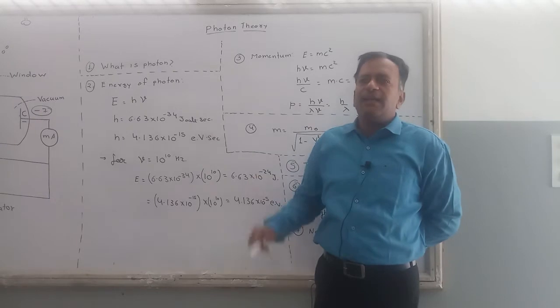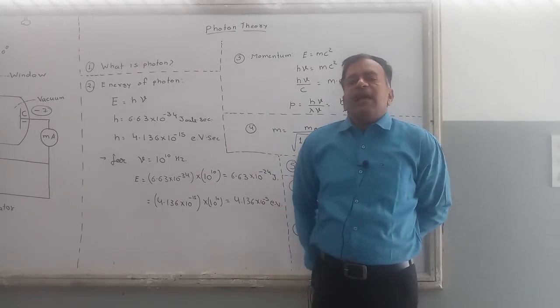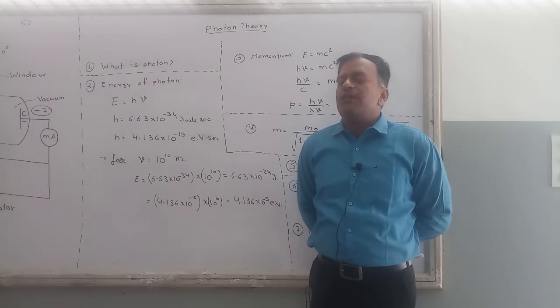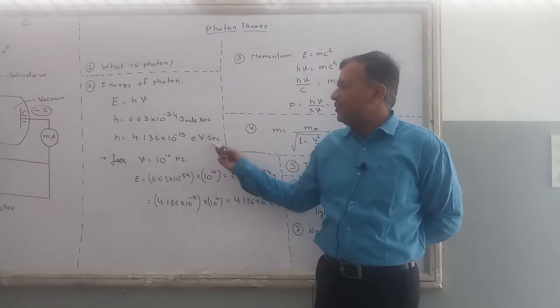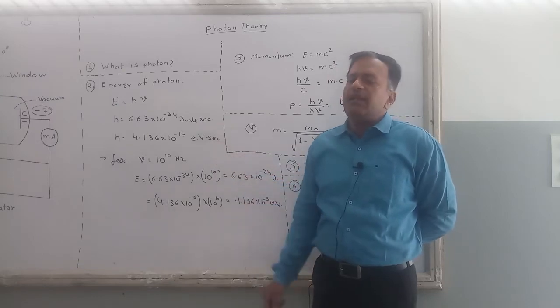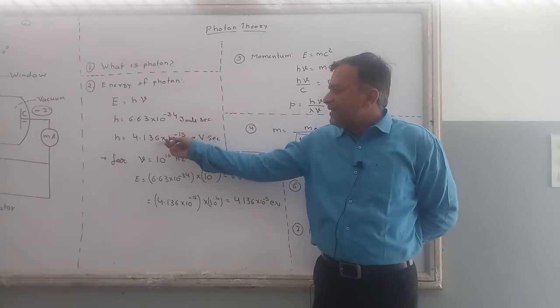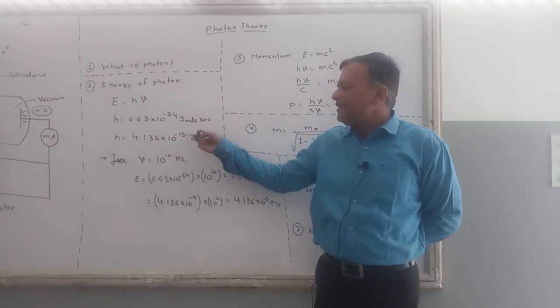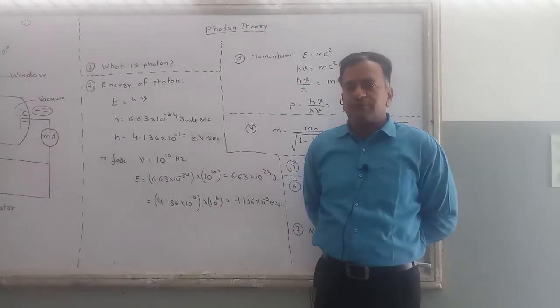And if you want the energy in electron volt, because mostly when we deal with atomic and subatomic particles, we do not measure energy in joules, we measure it in electron volts. So what is the value of Planck's constant in electron volt? It is 4.136 into 10 to the power minus 15 electron volt seconds.